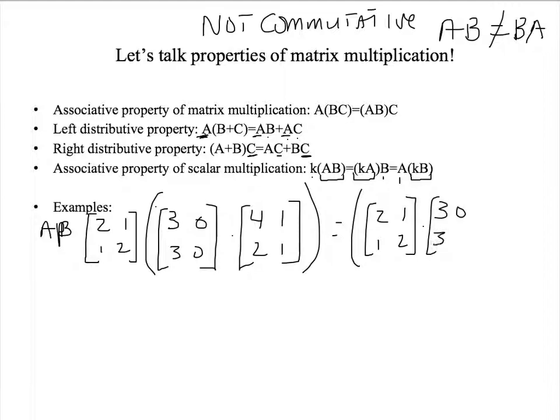And I am not going to go through all of this step by step, simply because my video would be, I believe, hours long. So there is the associative property.